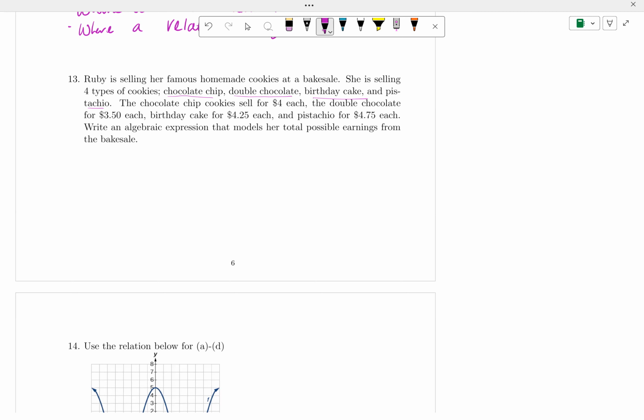C represents the number of chocolate chip, D the number of double chocolate, B the number of birthday cake cookies, and P the number of pistachio cookies.